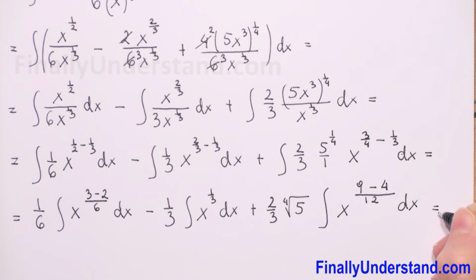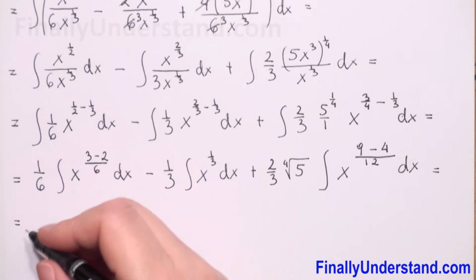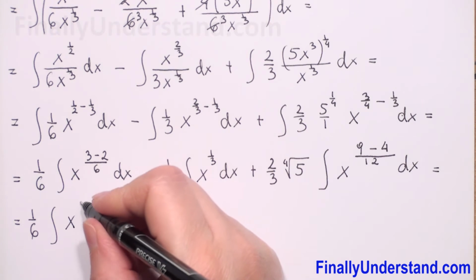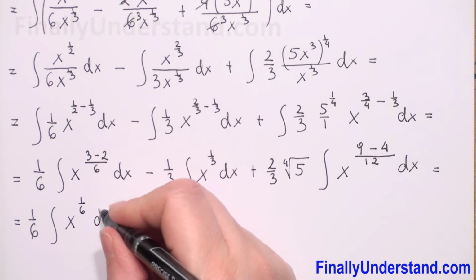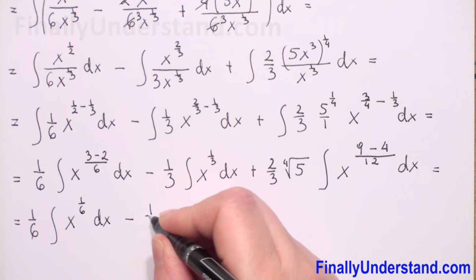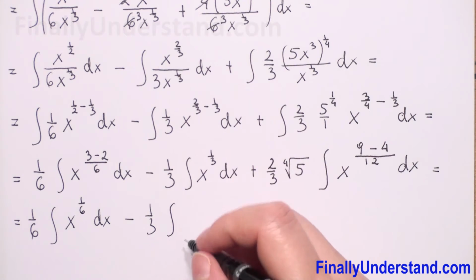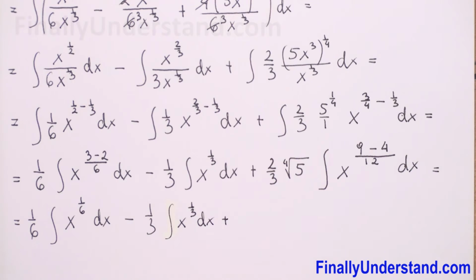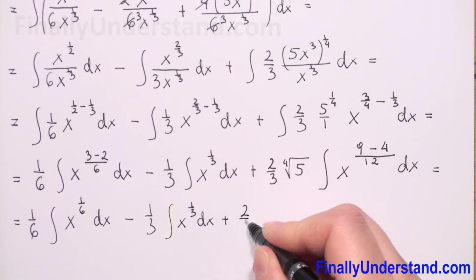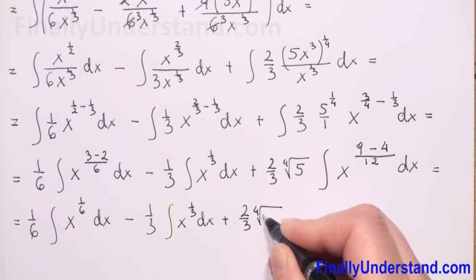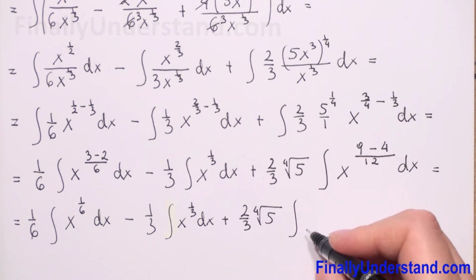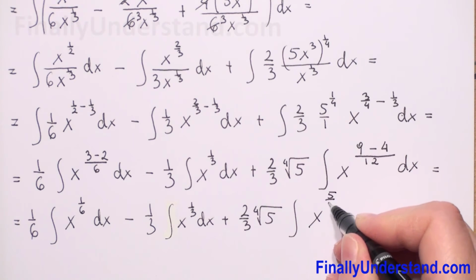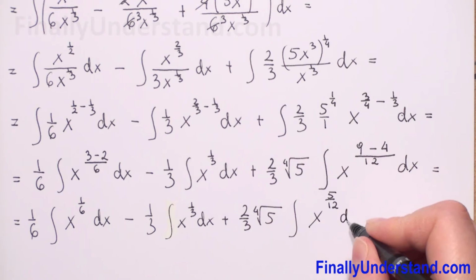So this is equal, we have 1/6 integral of x to the power 1/6 with respect to x minus 1/3 integral x to the power 1/3 dx plus, we have to copy the constant, and we will have the integral of x to the power 9 minus 4 is 5/12 with respect to x.